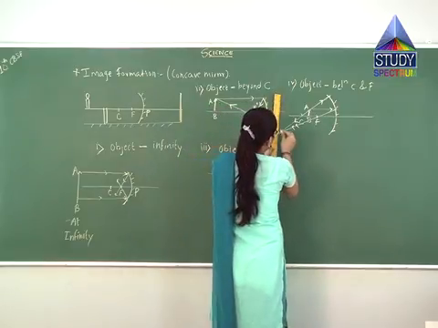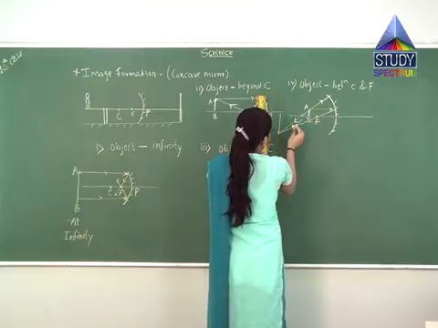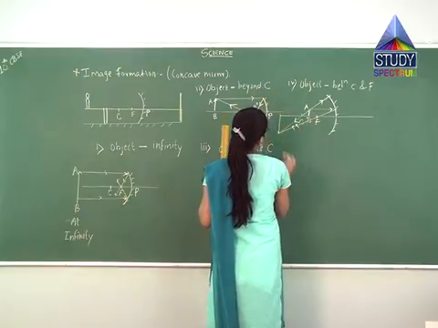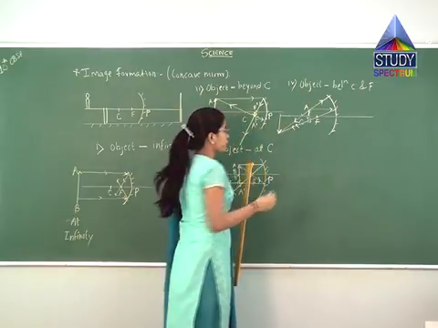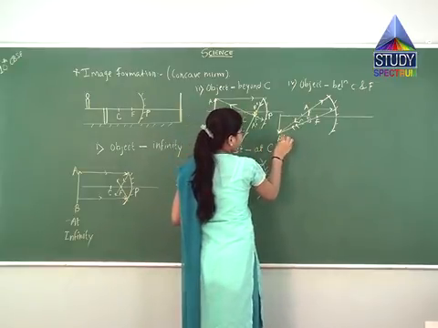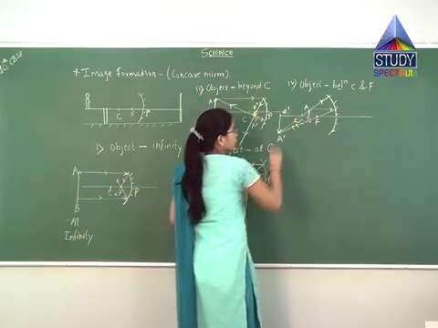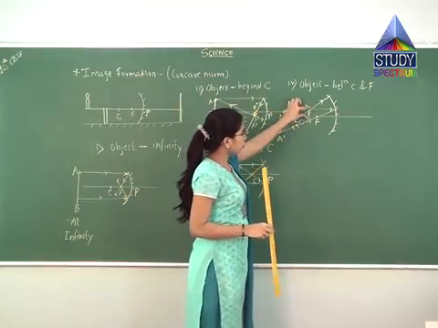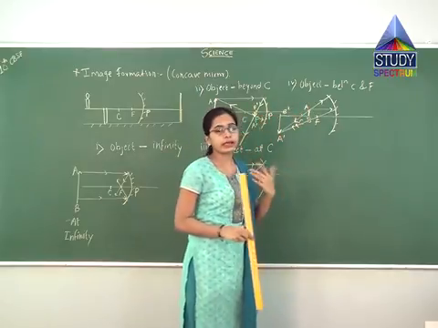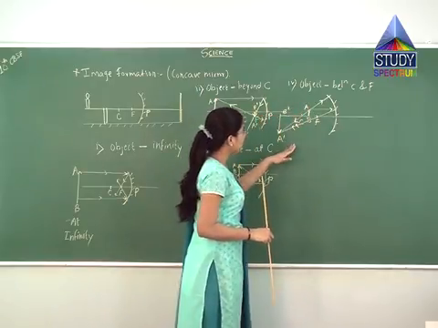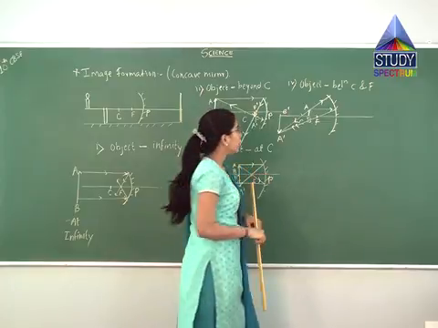If you join it with your principal axis, you will get the image. Again it is an inverted image, but you can see the size of the object was smaller, my image is greater in size, and it is inverted here.